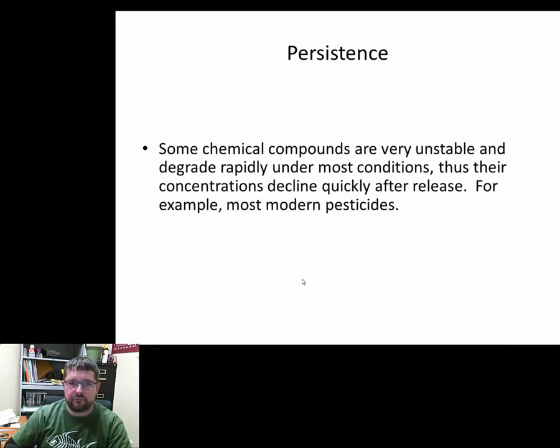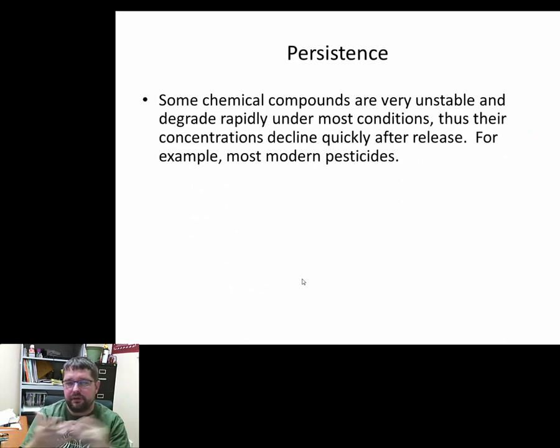All right, persistence. Persistence is basically, like I talked about before, the half-life of a chemical, or how long a chemical persists in the environment. Is it persisting in the tissues, like the fatty tissues of organisms? Is it persisting in the soil? Does it persist in plants? And how long is it stable in the environment?